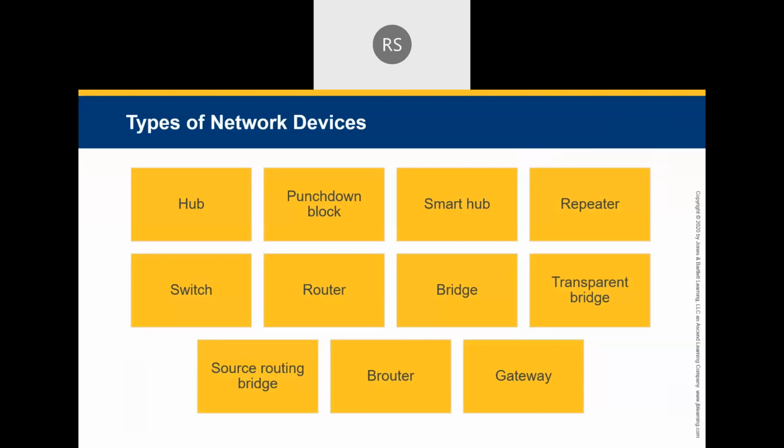Now, a router is a wired or wireless device that works with layer 3 IP addresses, so it's working on the network layer. It's going to be positioned between different segments of a network, and it allows connections between those segments and routes traffic from one segment to the destination segment.